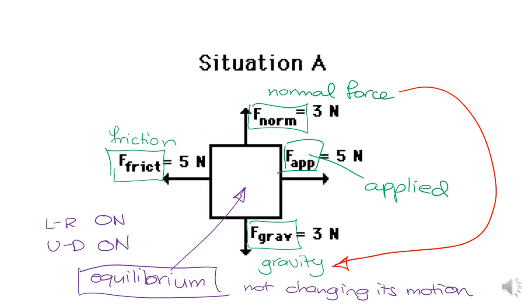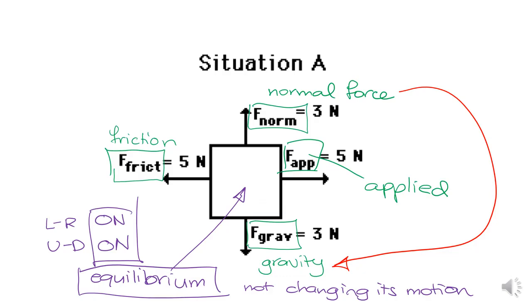It could be traveling at a constant velocity, or it could be traveling at a velocity of 0, which when you think about it is a constant velocity. So overall, when you add up your arrows, it adds to 0 newtons, which is how you know that this object is at equilibrium, so not changing its motion.